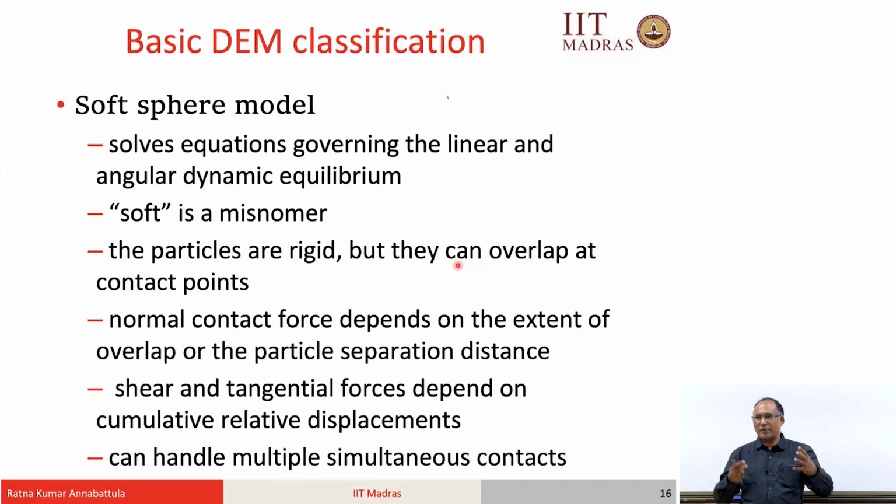When you are generating the particle system, let us imagine a scenario of dropping particles in a container. What happens when you drop the first particle? It will be bouncing, right? Drop the second particle. In this process, it will hit whichever particle it hits first. You may have a scenario where a particle is hitting two particles at the same time.